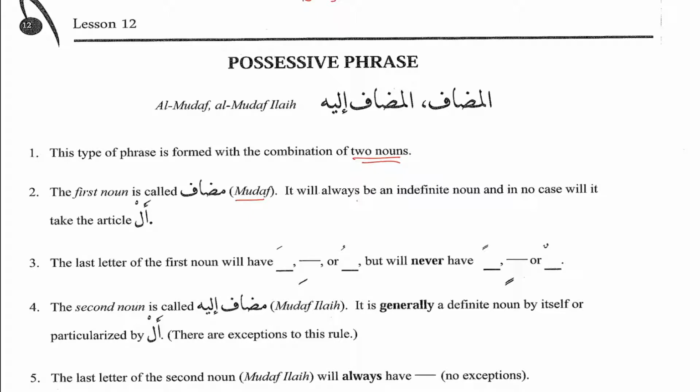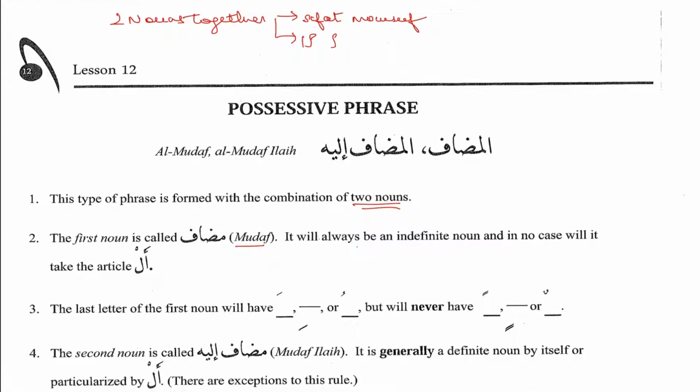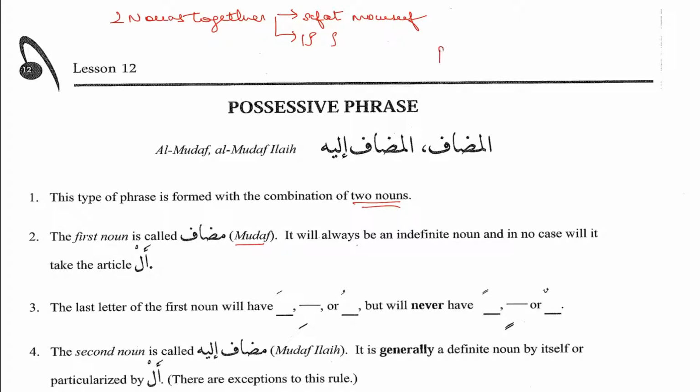Since we are talking about possession, we have already seen one of the ways we can create possessive phrases. If we want to tell that something is possessed by something else, there are two ways to go about it. The first way is to attach a pronoun with the noun.